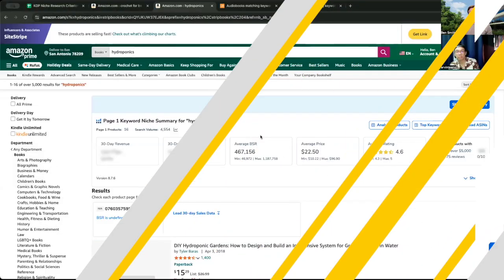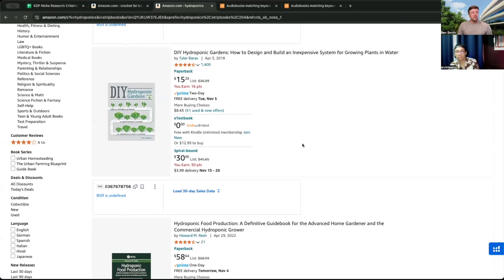If hydroponics is a great book to write about, but at the end of the day you're like, I don't care, in fact, I hate this category or topic, well, that might be something to think about. Crochet, I personally am not that excited about crochet. So even if all the numbers look good, I'd have to think about that. Do I want to spend time and money writing about this book and then another book about crochet and so on and so forth?